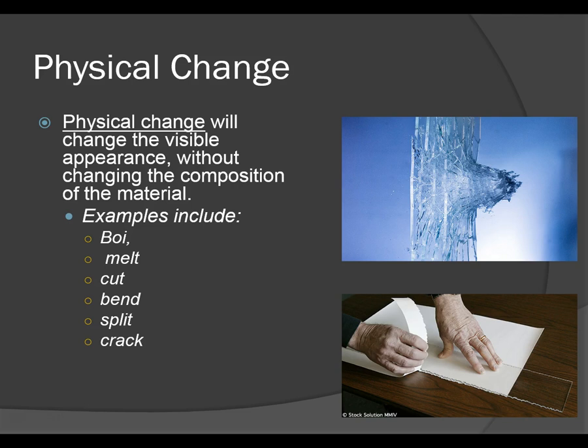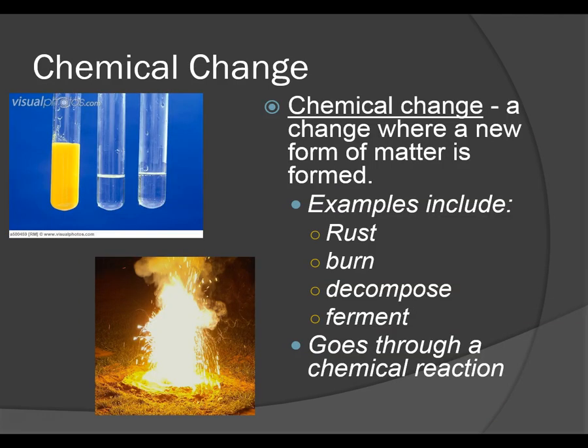Now, on the other side, if we look at our chemical change, this is going to be a change where we come up with a new form of matter. So I may have started off with two compounds or one compound, and by the end of the reaction, I have something brand new. Now, if we're looking here at our example, we notice we have a clear liquid, and somehow it's actually making this bright yellow, bright orange solid.